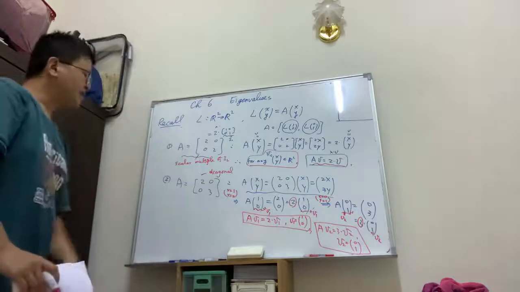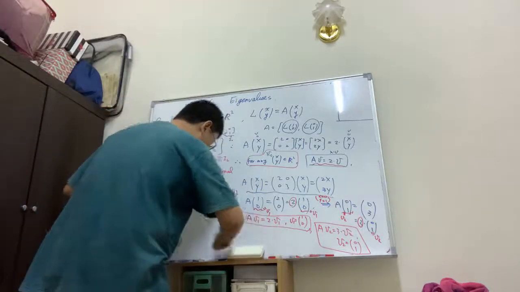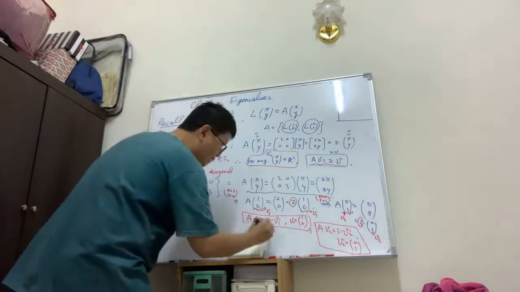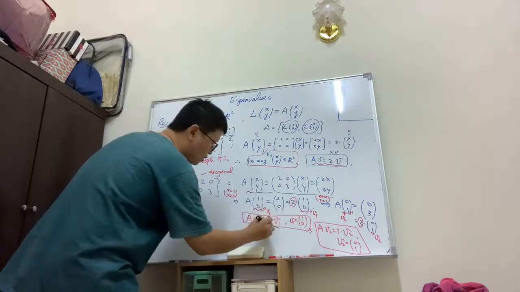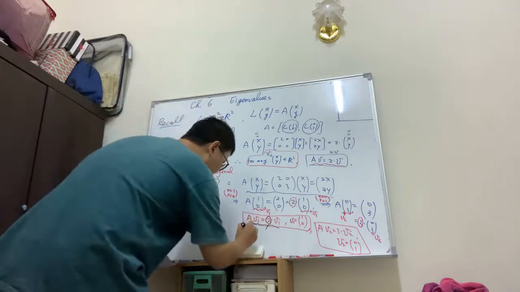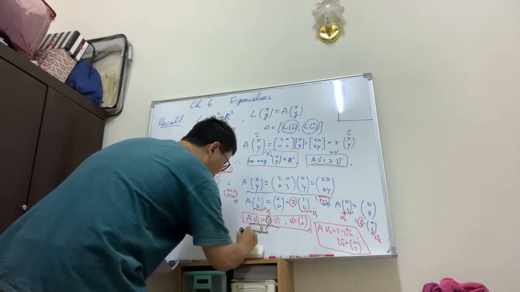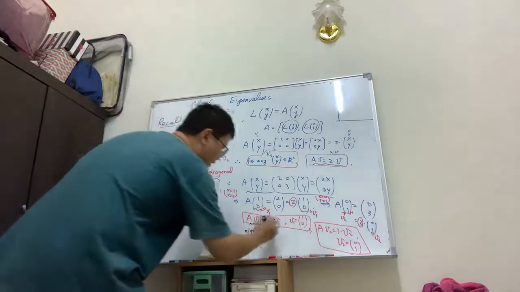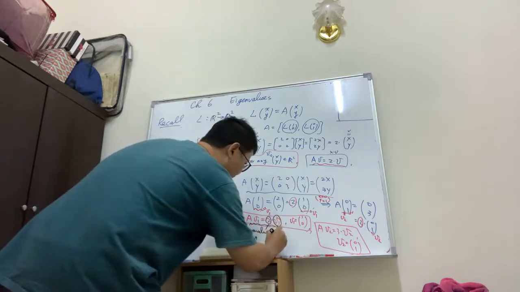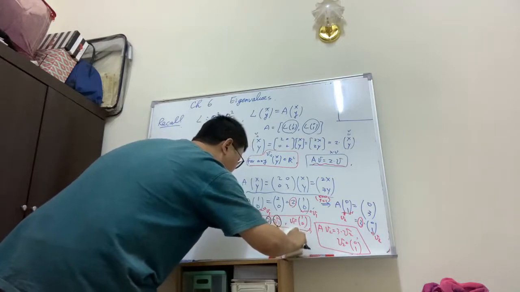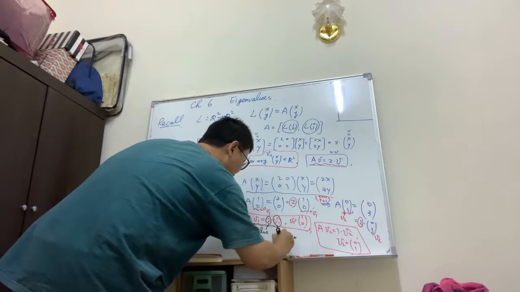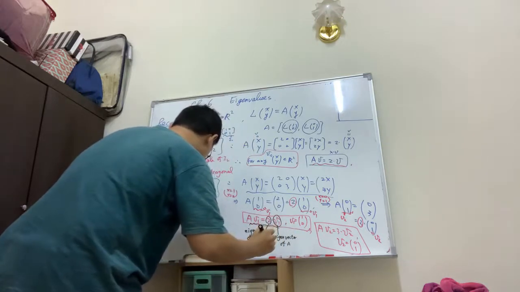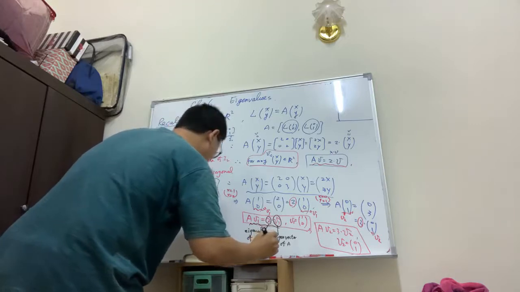Okay, so in this case, if this equation holds, for the vector V1, AV1 equals some scalar lambda times V1, then we call 2 the eigenvalue of A. The scalar 2 is an eigenvalue of A, and the vector V1 we call an eigenvector of A. It's an eigenvector of A, and it belongs to the eigenvalue 2.